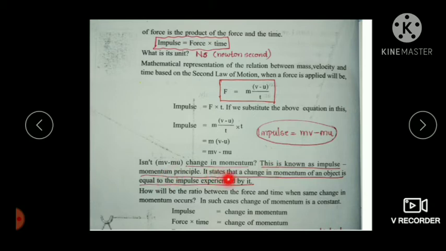It states that a change in momentum of an object is equal to the impulse experienced by it. So what is impulse momentum principle? It states that a change in momentum of an object is equal to impulse experienced by it.